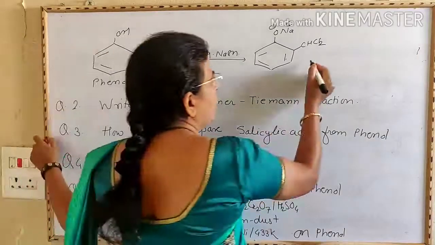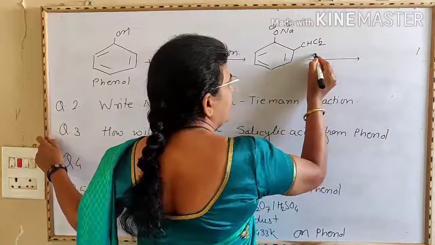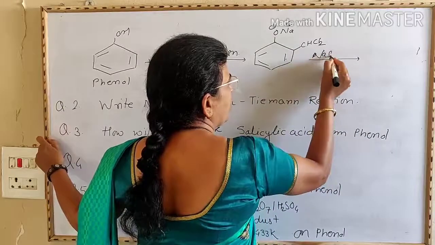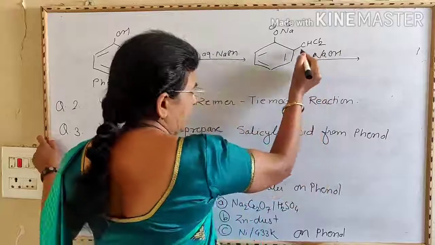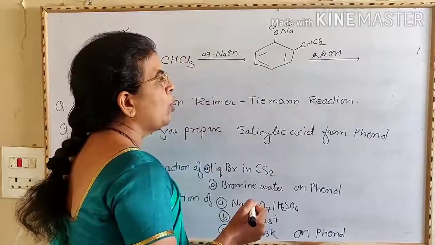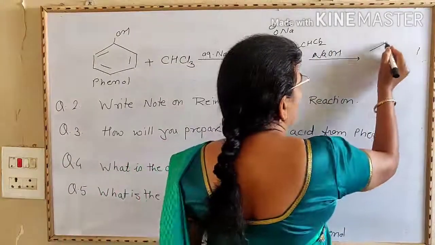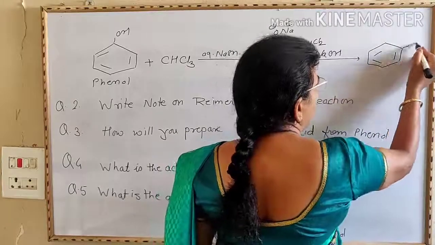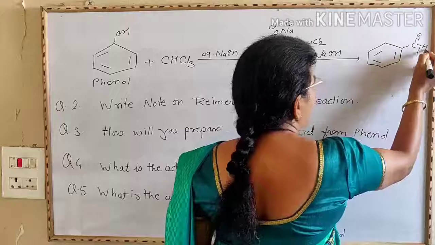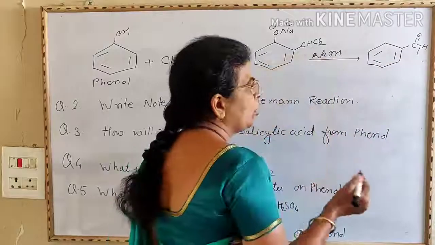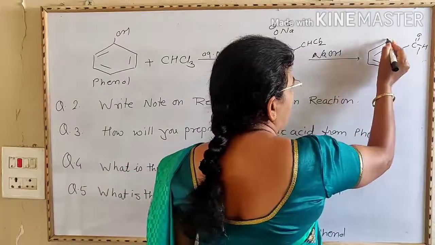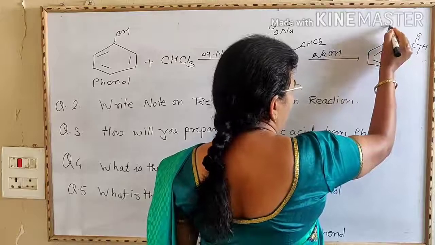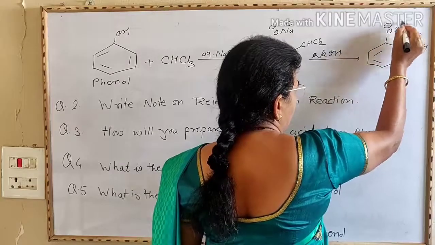Now this compound when treated with NaOH, this CHCl2 undergoes oxidation to form an aldehyde group, CHO, and here O minus Na plus.